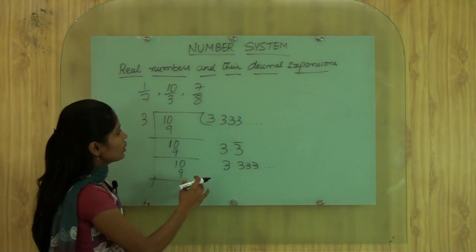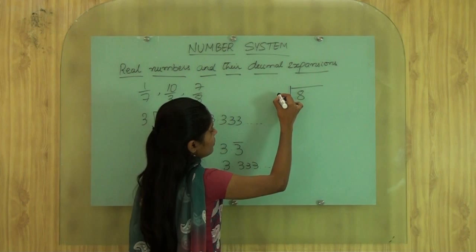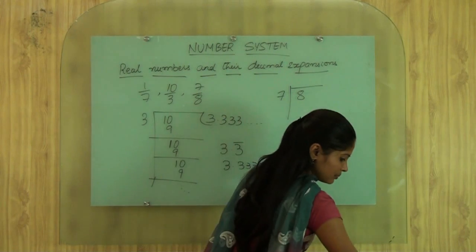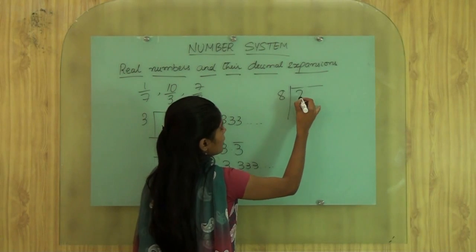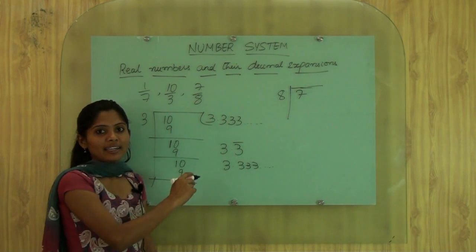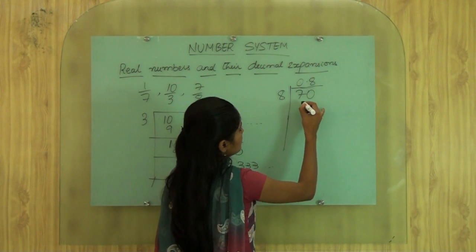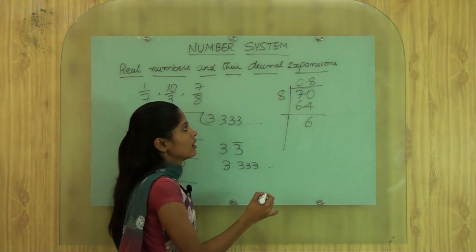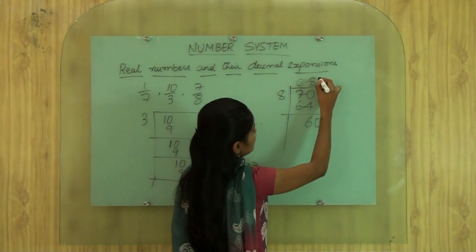Now let's take one more. Let's divide 7 by 8. 8 into 56 is 7.